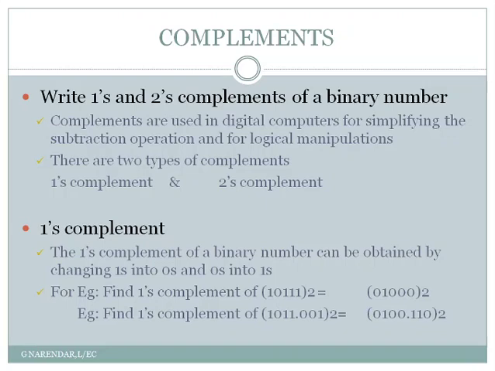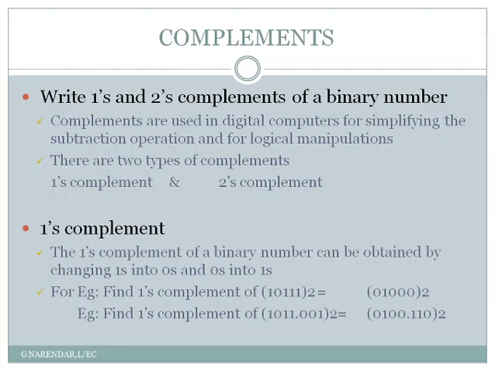Ones complement of a binary number can be obtained by changing ones into zeros and zeros into ones. That means if you take any binary number, you can find either zeros or ones, or a combination of ones and zeros.